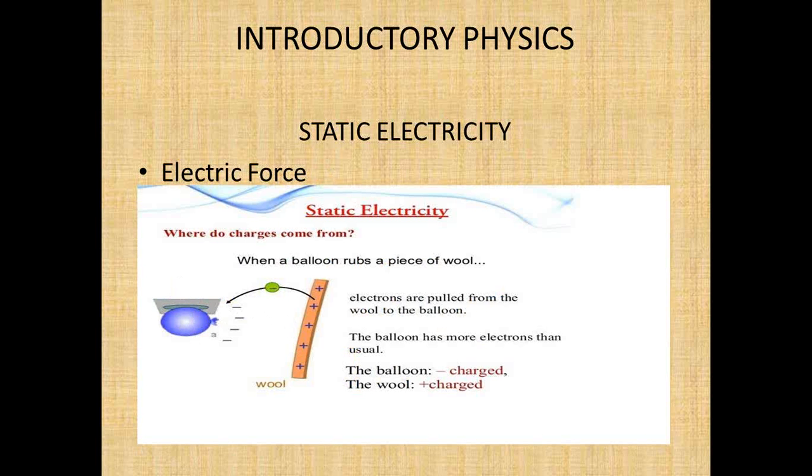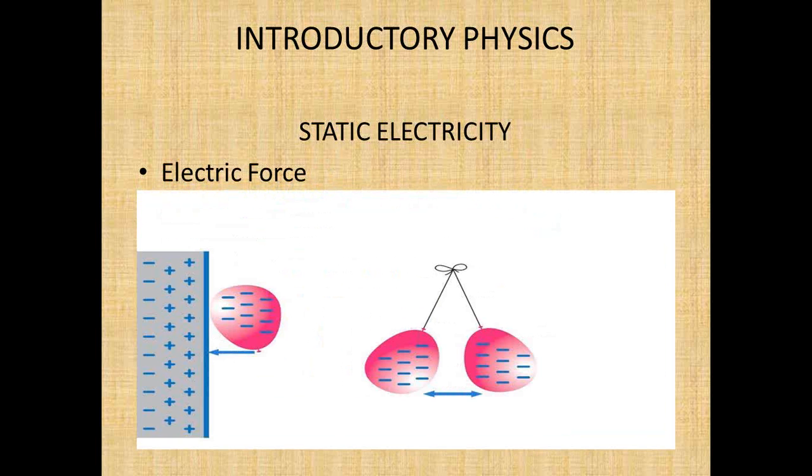Okay, so that's what you're doing. You remember, the only thing that you can move is electrons. So when you rub that wool on the surface of the balloon, you're going to transfer electrons to the balloon surface, and the electrons came from the wool, so the wool is going to be deficient in electrons, so it's going to be positively charged.